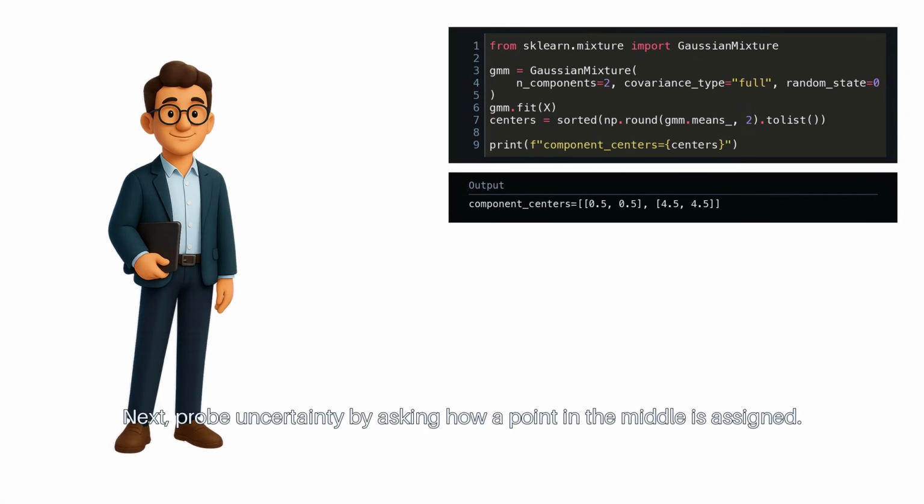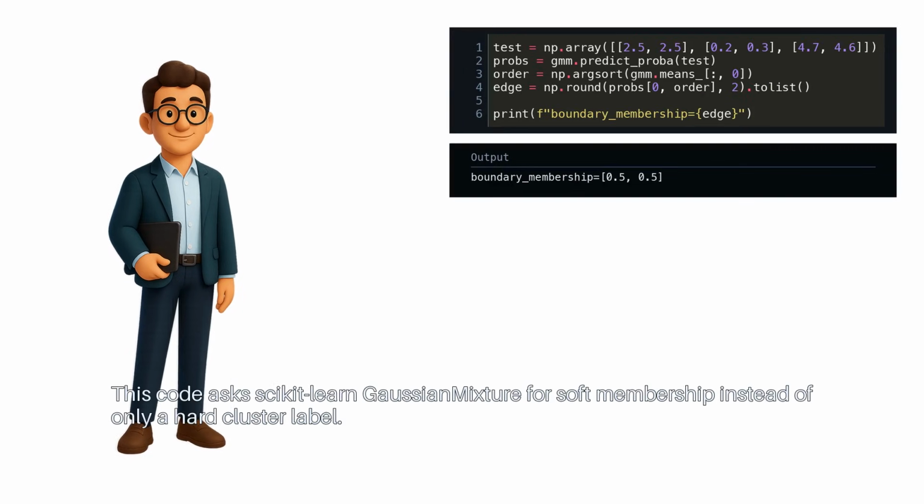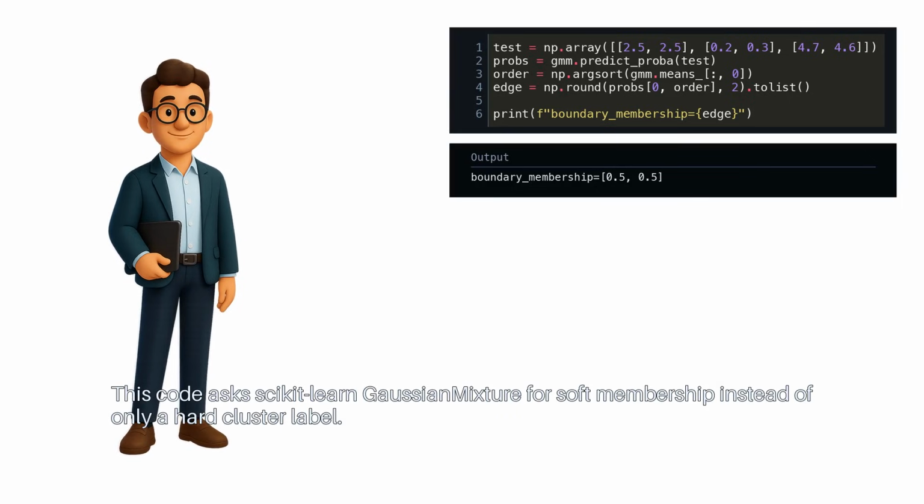Next, probe uncertainty by asking how a point in the middle is assigned. This code asks scikit-learn Gaussian mixture for soft membership instead of only a hard cluster label.